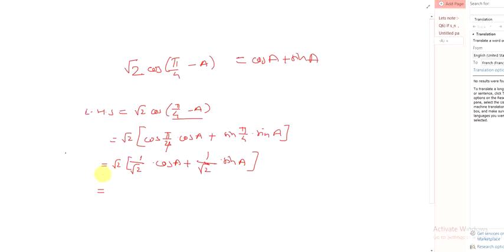Therefore this root 2 gets cancelled, we get only cos A plus, again this root 2 gets cancelled, and we get here sin A.